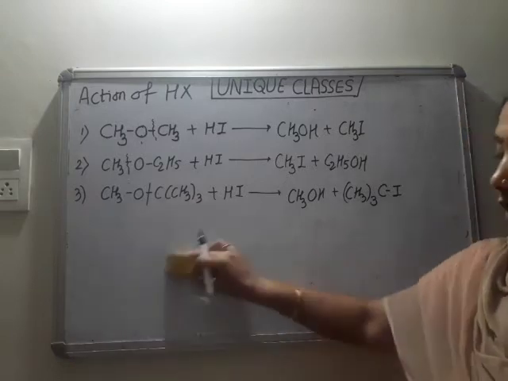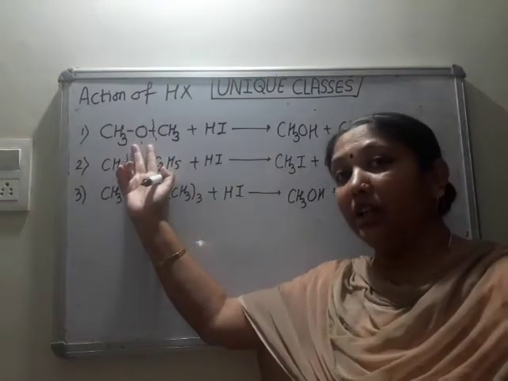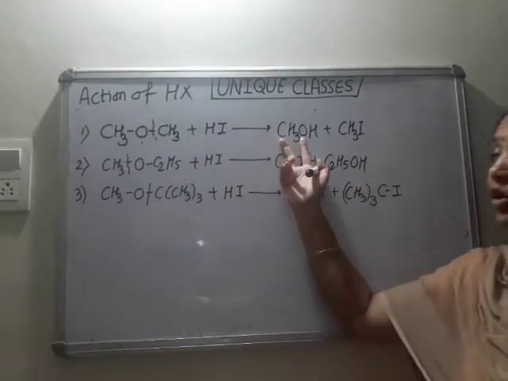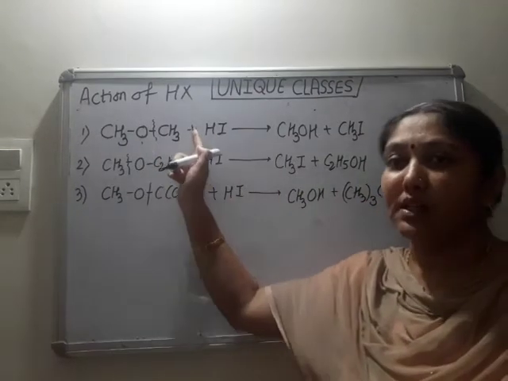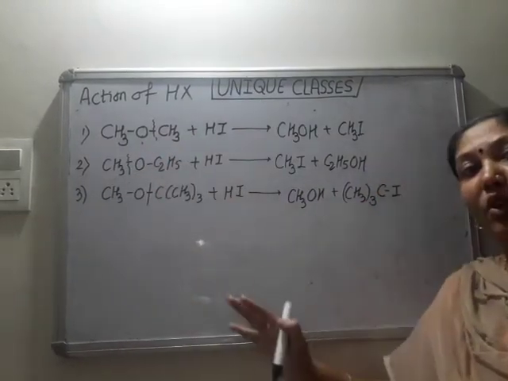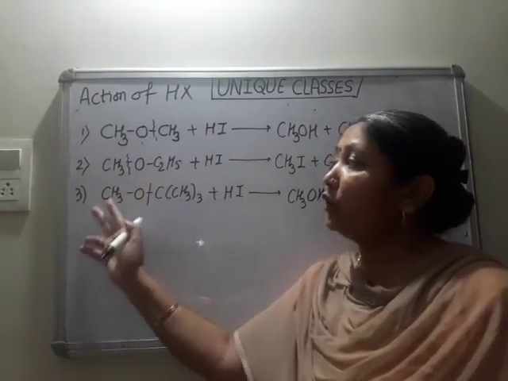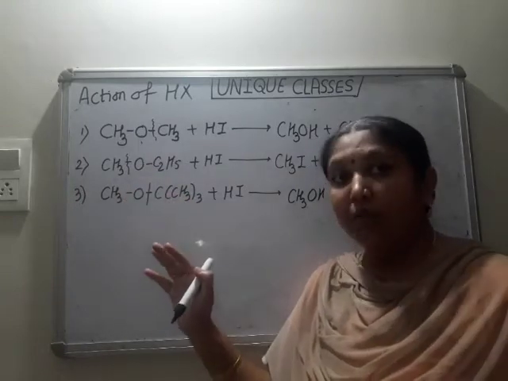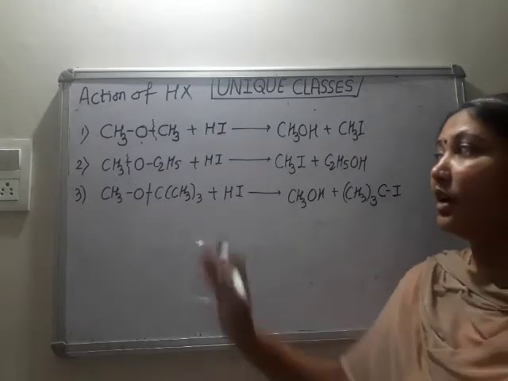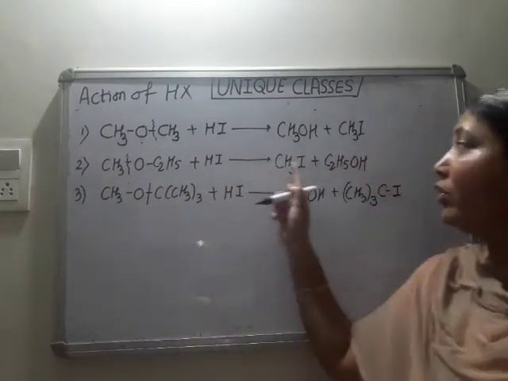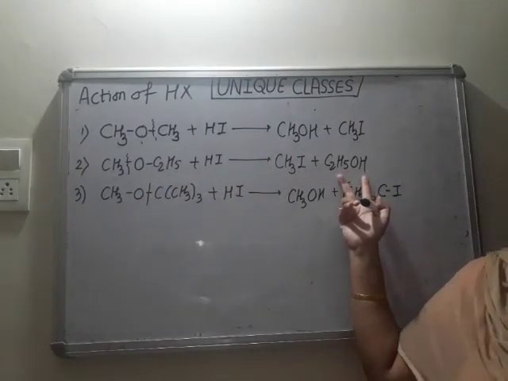So what's the conclusion from this? See, if we use cold HI, a simple ether gives one molecule of alcohol and one molecule of alkyl iodide. Both groups are the same, so any one alkyl group forms alcohol and the other alkyl group forms iodide. When two different alkyl groups are attached to oxygen, means if it is a mixed ether, then always the smaller group forms iodide and the larger group forms alcohol.